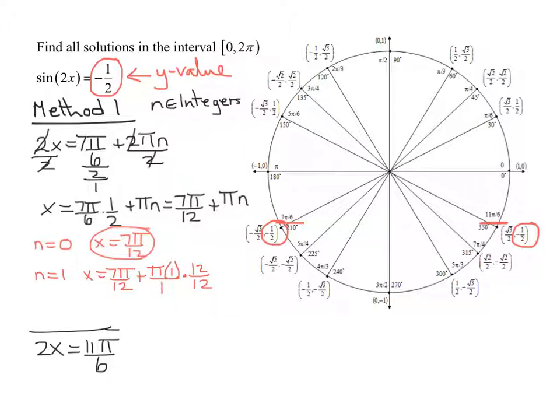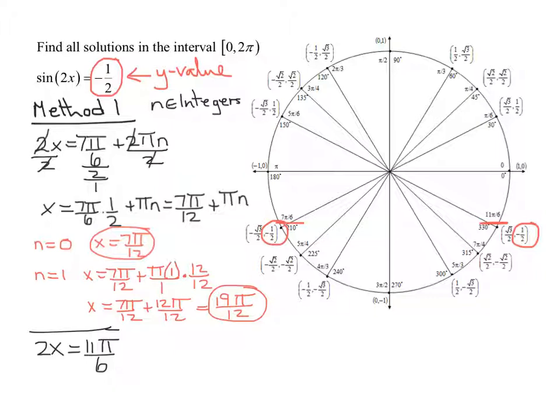So I'm going to get x equals 7 pi over 12 plus 12 pi over 12, which is 19 pi over 12. That's my next solution. I'm not going to put in n equals 2, because if n is 2, I'm going to add 2 pi to 7 pi over 12, and I'll be more than one complete revolution. So I can stop at putting in n equals 1.